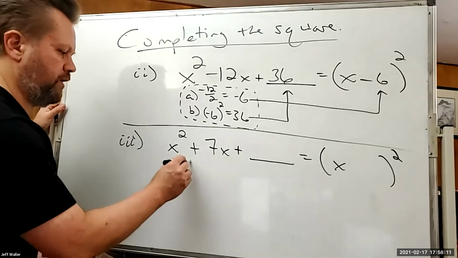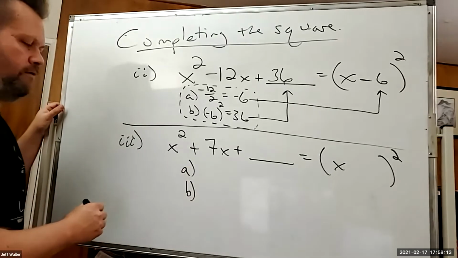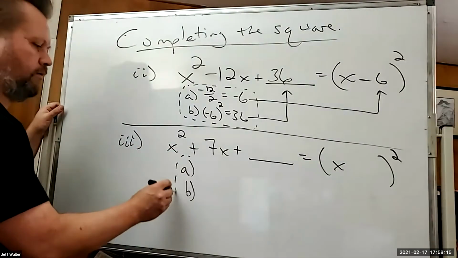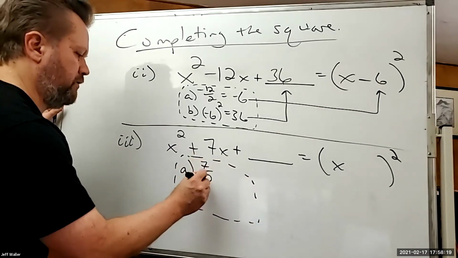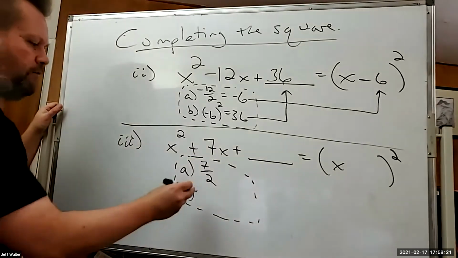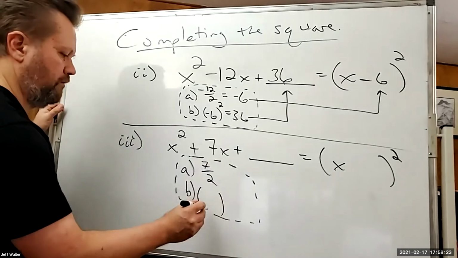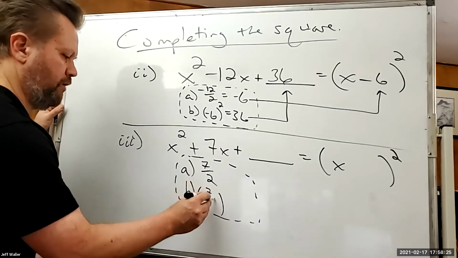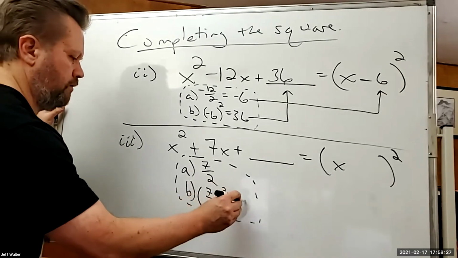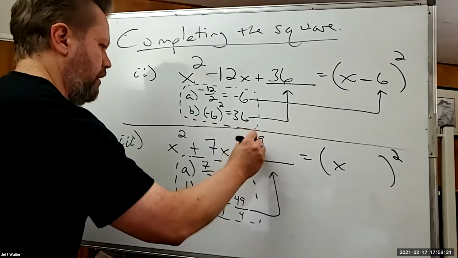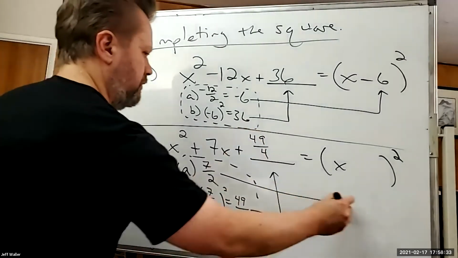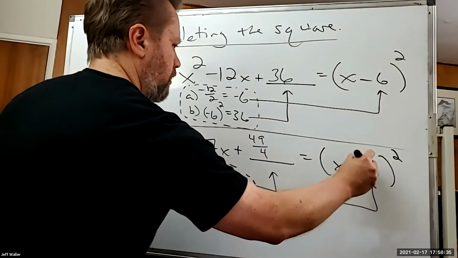All right, so what's the first step? 7 divided by 2. In fact, leave it as 7 divided by 2. So cut the middle in half, and then what do you do with that? Square it. What you get at the end goes on this side, and what you get in the first step goes here.